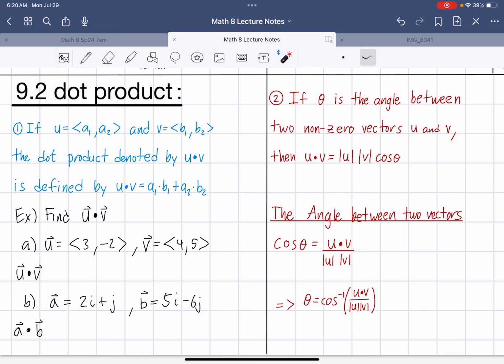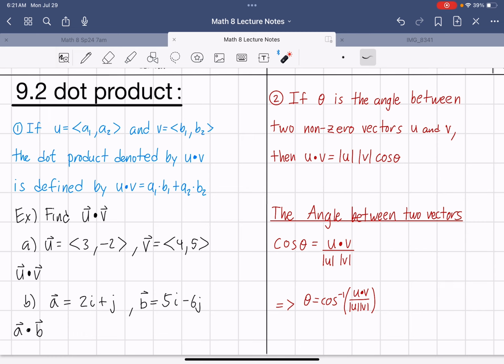Before we get into finding the angle, we're going to see a different version of the dot product, a necessary part that will help us find the angle. And you can see a little bit already how I have this cosine set up here. But this first version of the dot product is very algebraic.